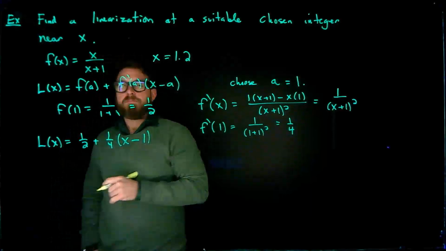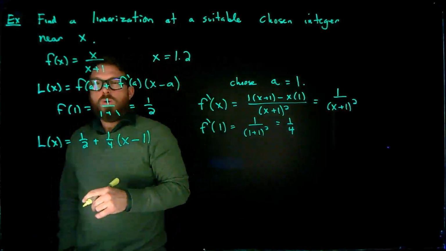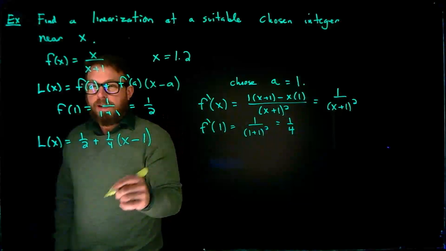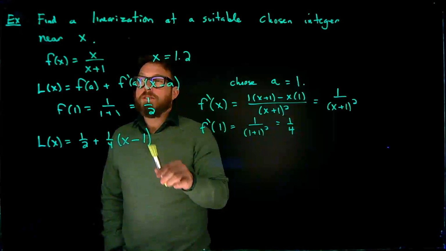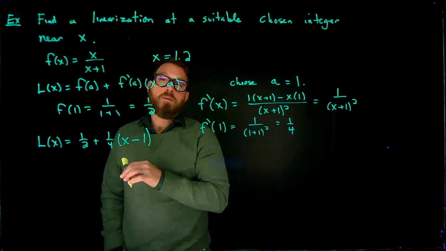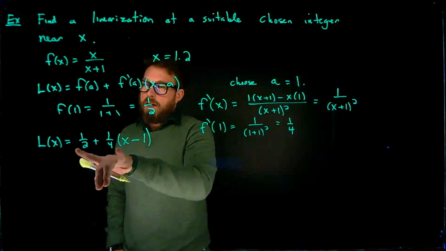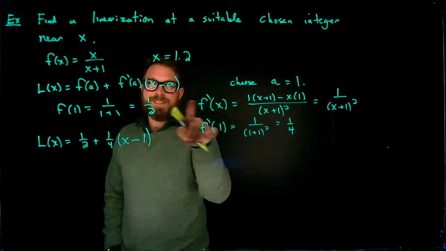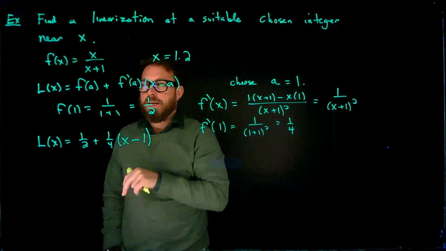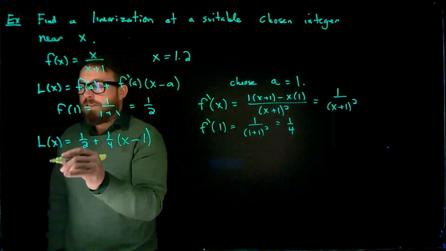There we go. Okay, so that's our linear approximation, and I'm trying to figure out the value of this thing at 1.2 using the linear approximation instead. So as long as this a value is close to this, the output of this should be very similar to the output of this.